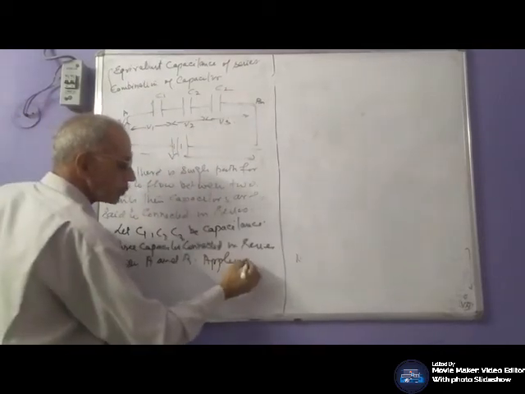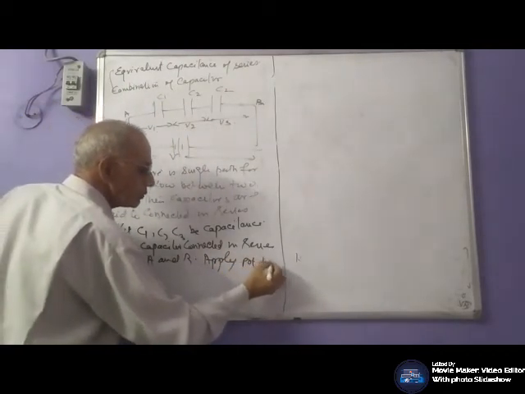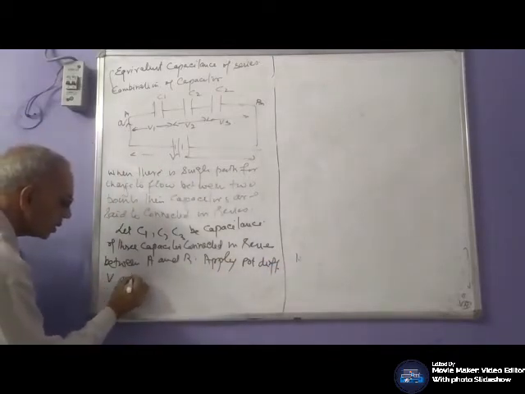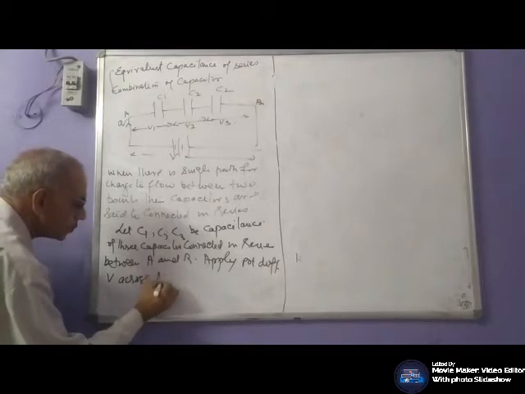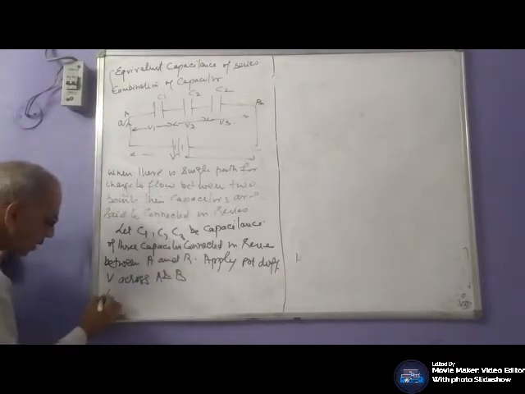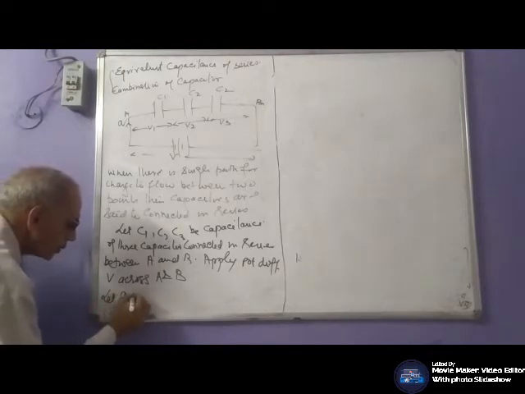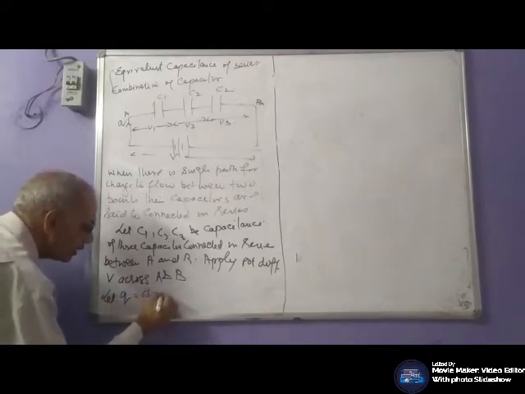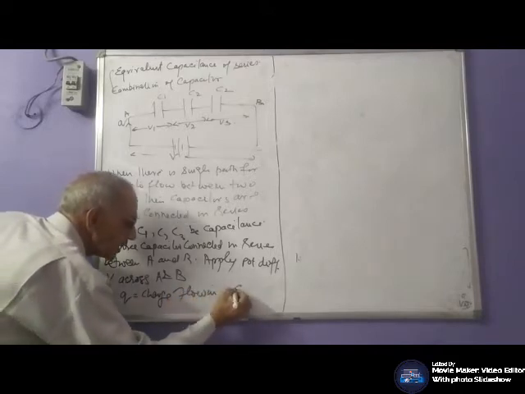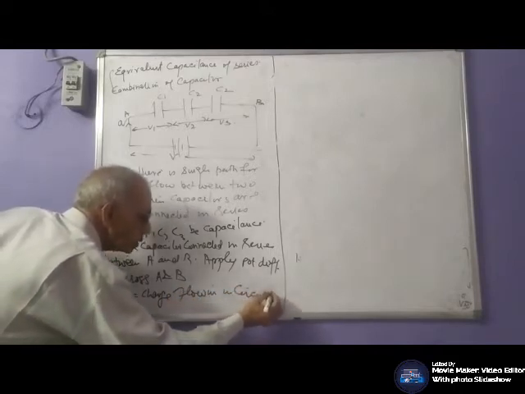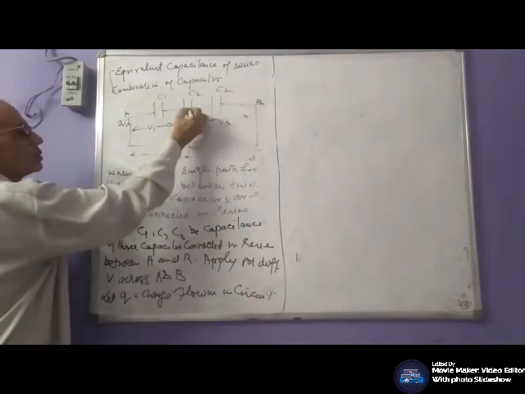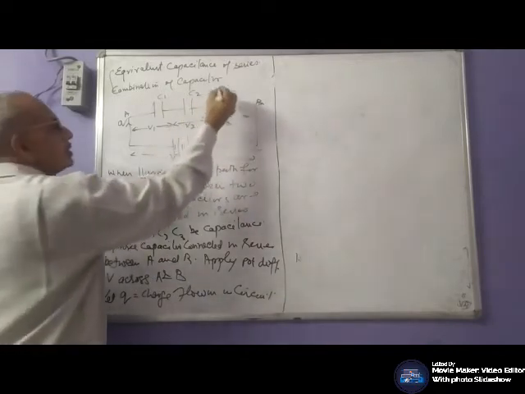Apply potential difference V across A and B. Let Q be the charge flowing in the circuit. So this will be charged through C1, through C2, through C3, with the same Q.